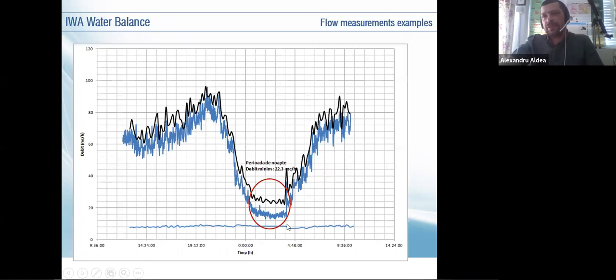Here is something very interesting. The idea was that only the blue curve was entering the network. It was from a pumping station, but that pumping station was supplied by a reservoir, and the reservoir was supplied by several wells.